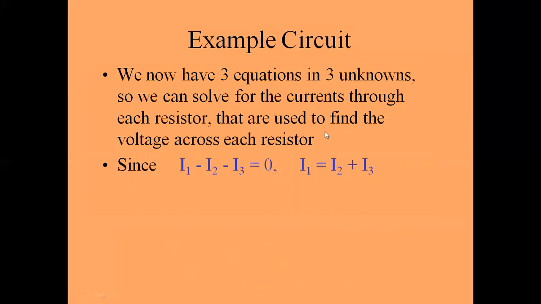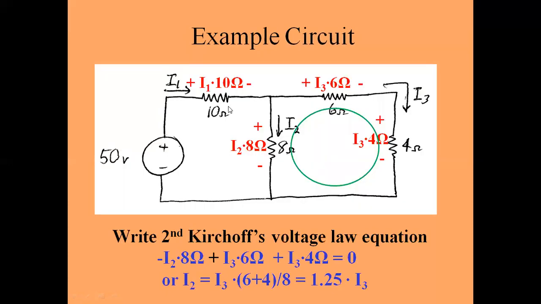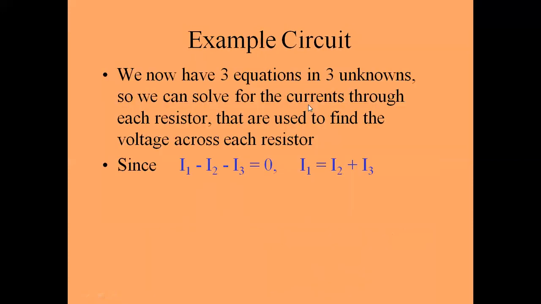that are used to find the voltage across each resistor. Since I1 minus I2 minus I3 is equal to 0, see here in the diagram, I1 is equal to I2 plus I3.